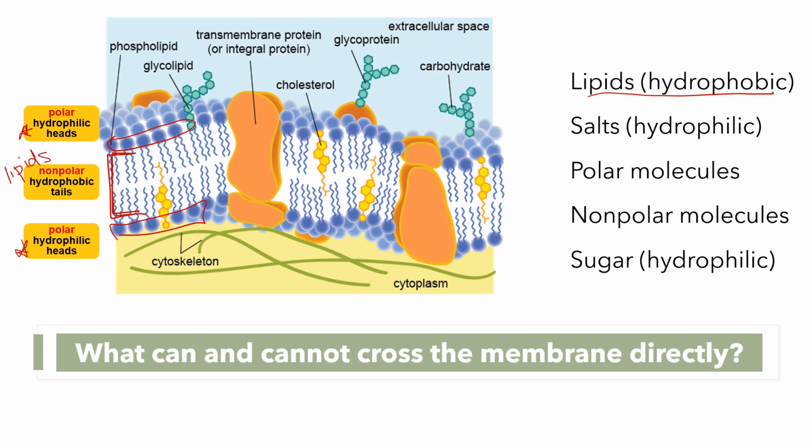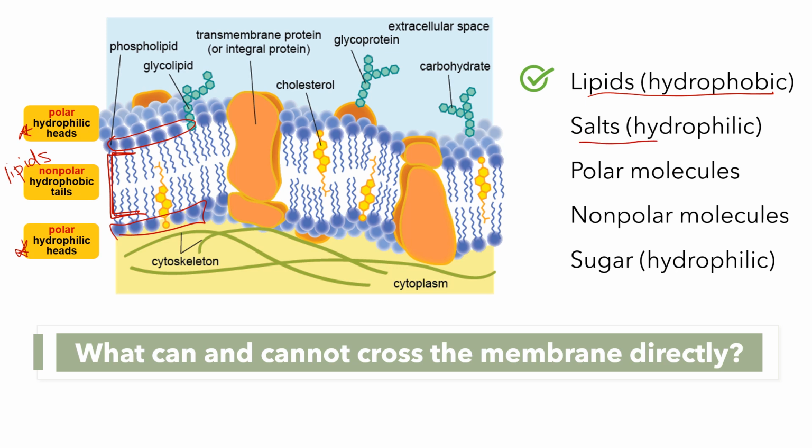So we have to look at this inner area and decide, can something move across that highly lipid area? So if I'm already a hydrophobic lipid, it makes sense that I would be able to pass through this hydrophobic area without a problem. And that actually is what happens. So lipids can pass right through because they can go through that nonpolar area without disrupting those hydrophobic tails.